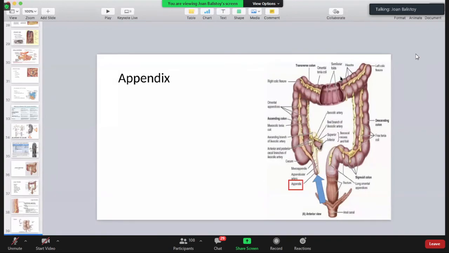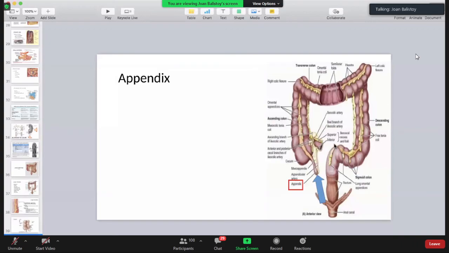The descending colon, this part, it is also secondary retroperitoneal. Okay, retroperitoneal, just like your ascending colon. The sigmoid colon is S-shaped. So this S-shape is the sigmoid colon. It has a long mesentery called the sigmoid mesocolon.